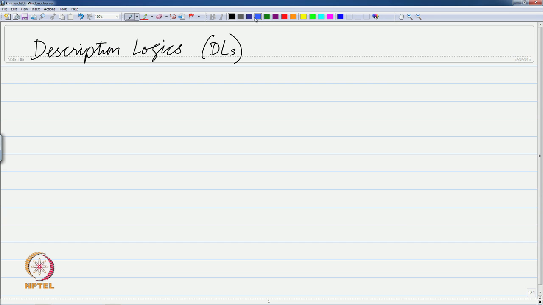Now, just to recap, when we looked at FOL, the problems that we encountered were that it is computationally expensive.